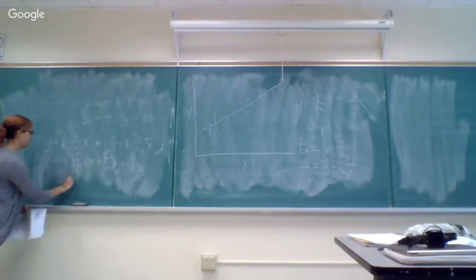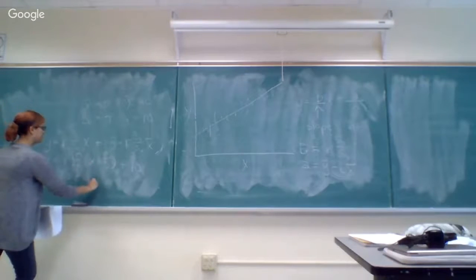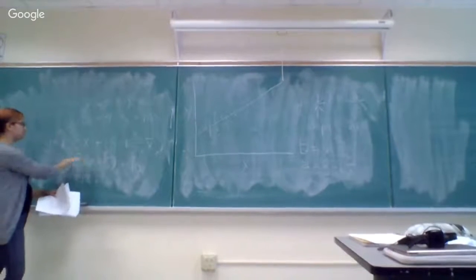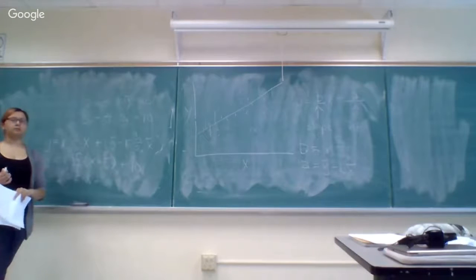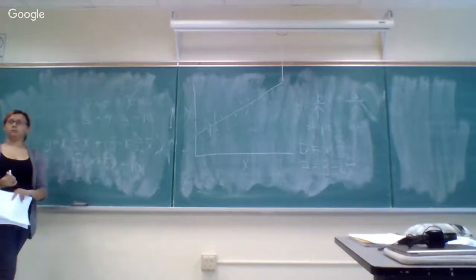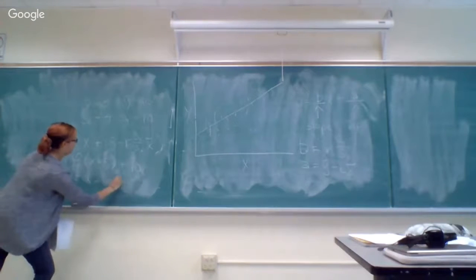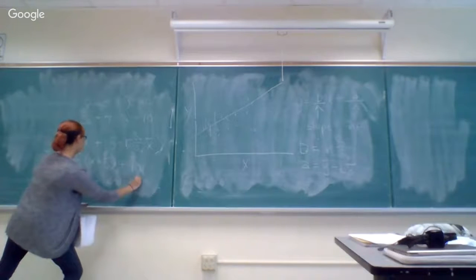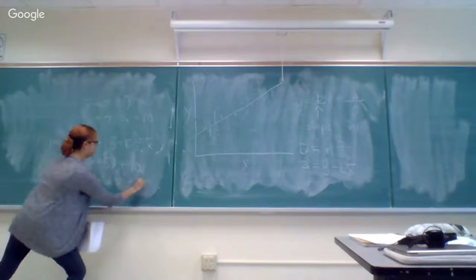So this is 2.5 times r times x plus, so I'm putting this back in now. 5 times 2.5 is 12.5, right? Yeah. 12.5 r, minus that, and then plus 10.